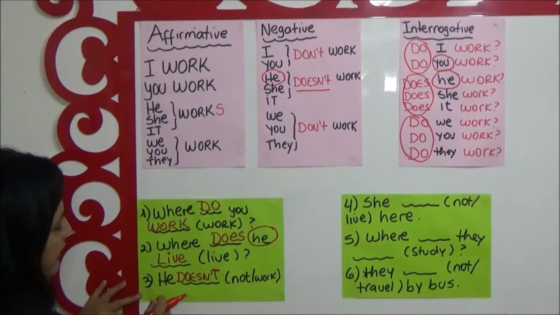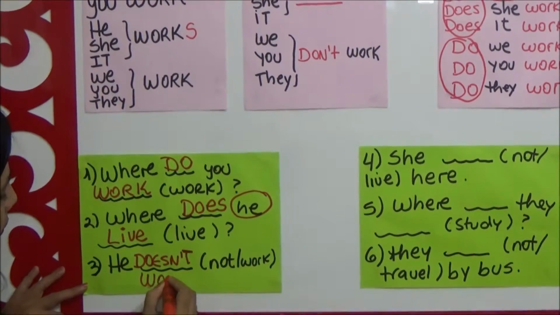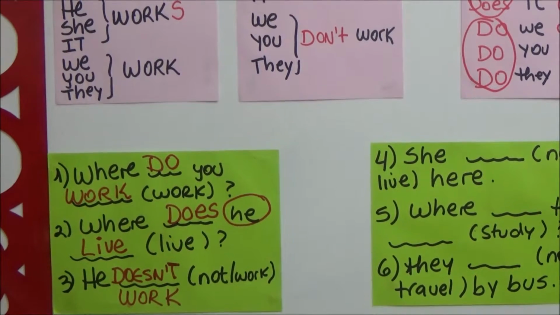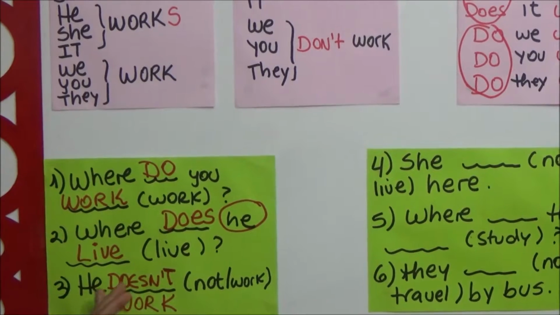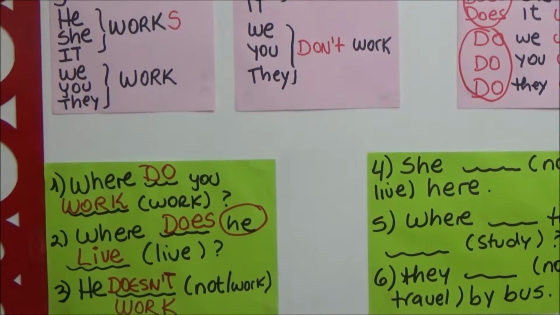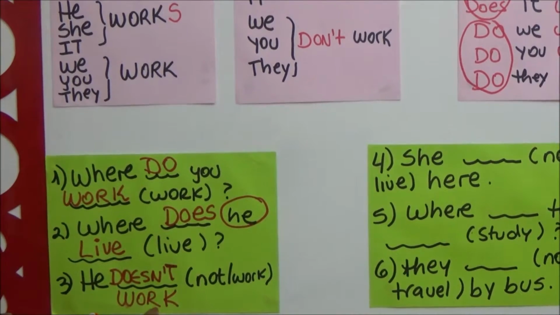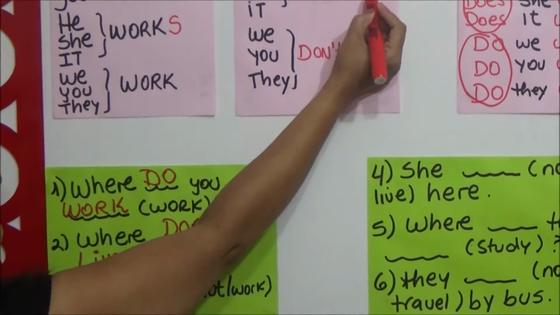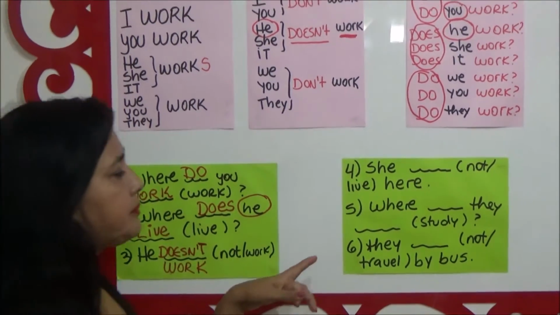So here we have he doesn't what? He doesn't work. Sometimes when I've been working with students in the classroom, they just put he doesn't, but he doesn't what? The answer is considered incorrect, so you have to include the verb. He doesn't work, with your verb in the infinitive.